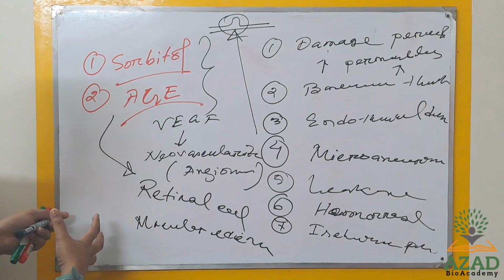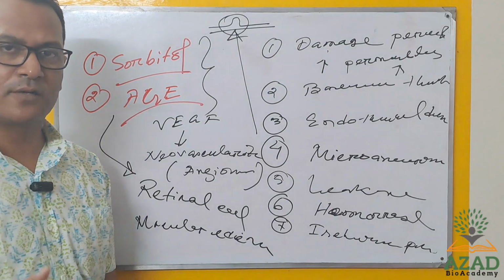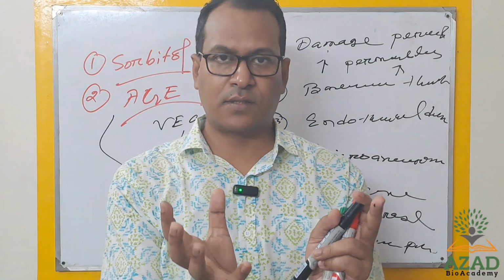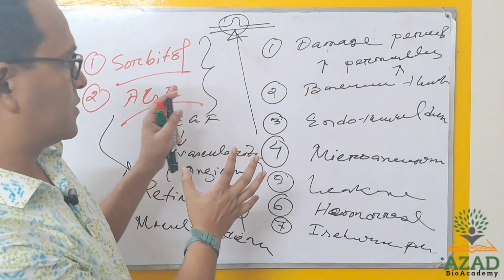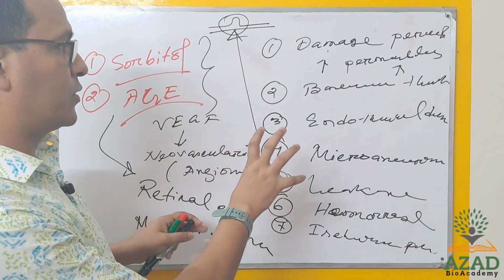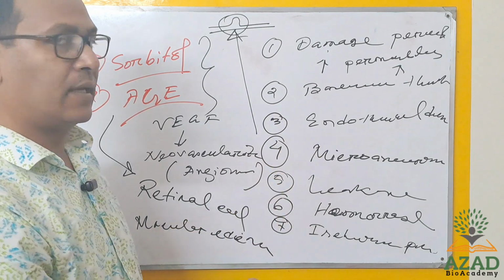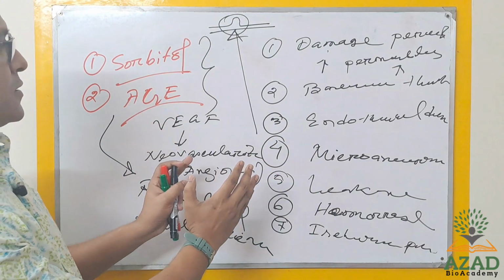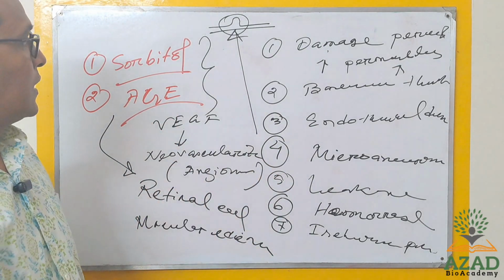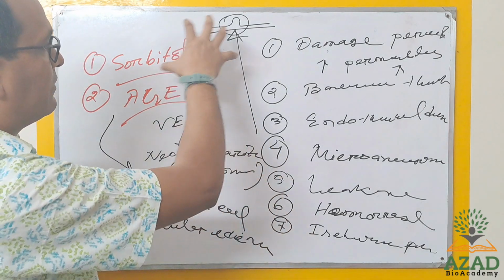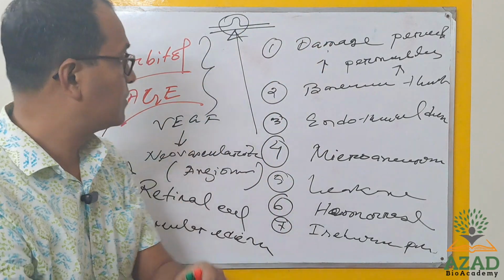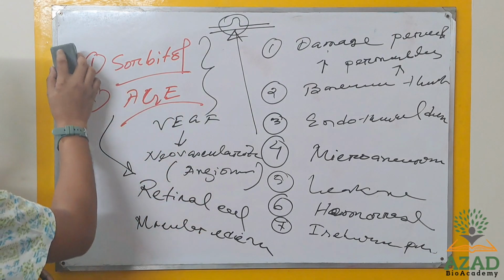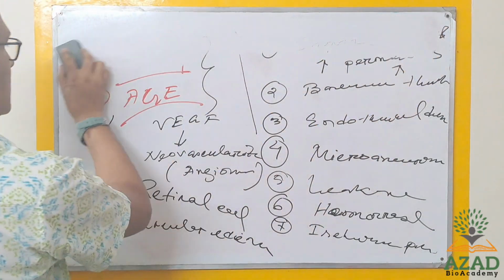Other problems are there. So if I try to differentiate some factors, then we will find a main difference. We can categorize diabetic retinopathy into two different types. Okay, so what are the types?